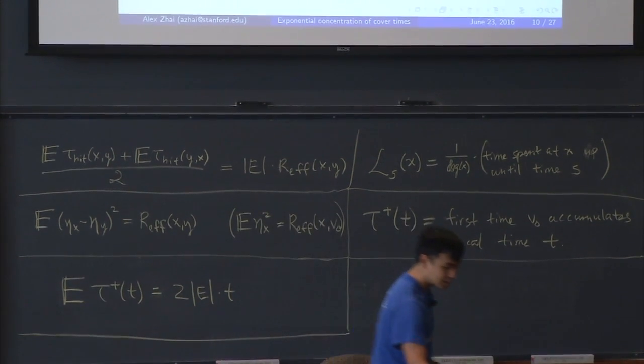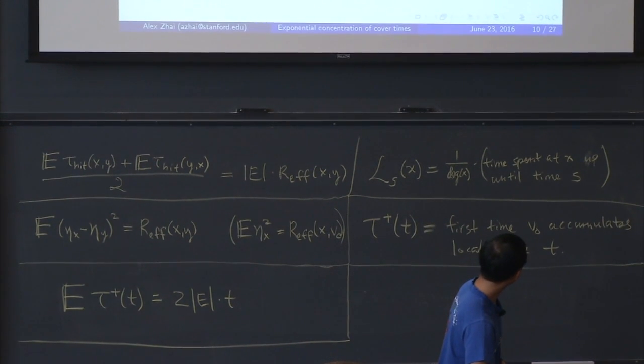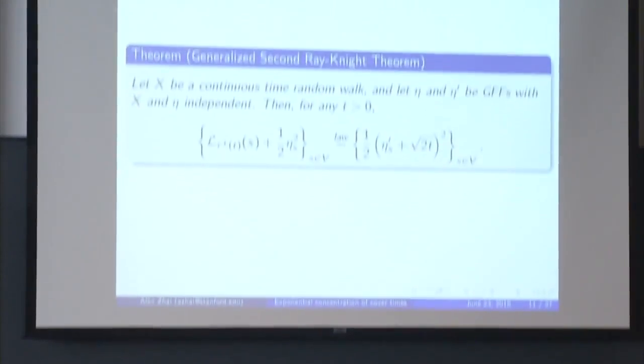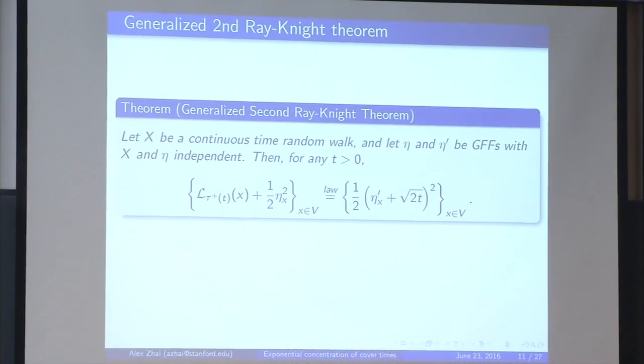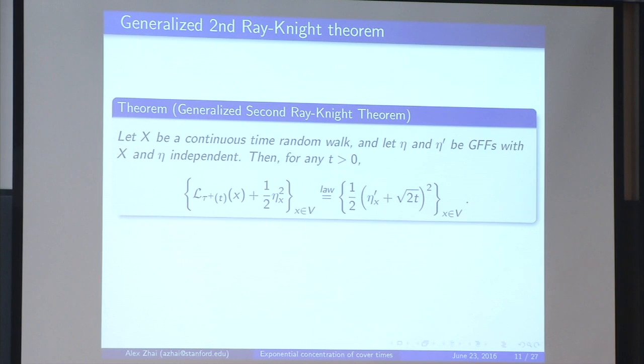Okay, so now finally I'm ready to state the generalized second Ray-Knight theorem. It's this thing here, and let me just take a few minutes to explain what this actually says.